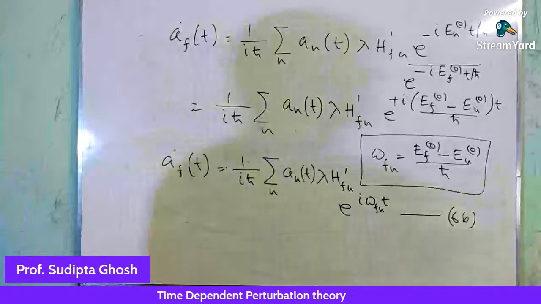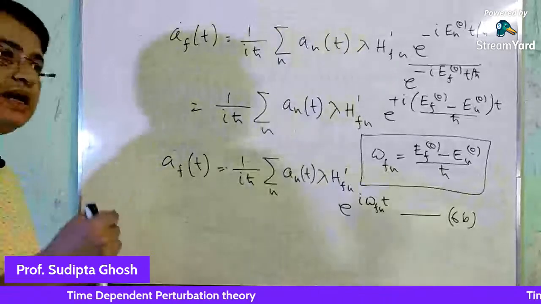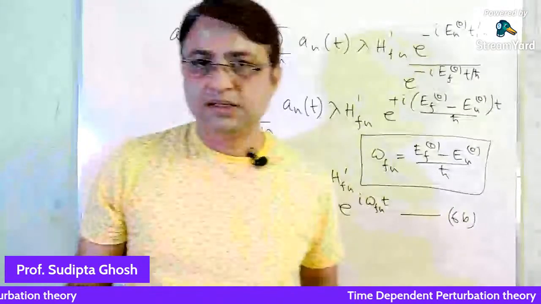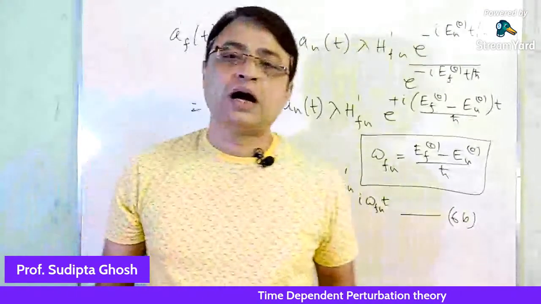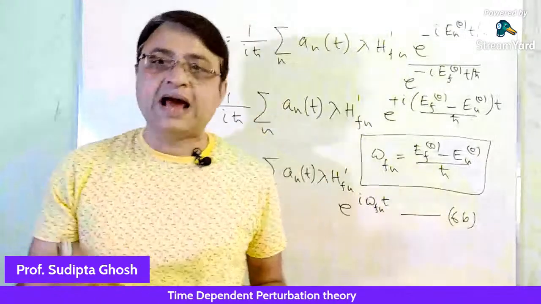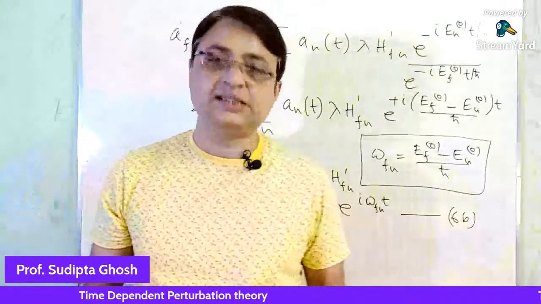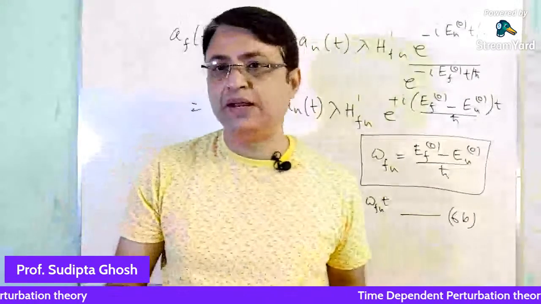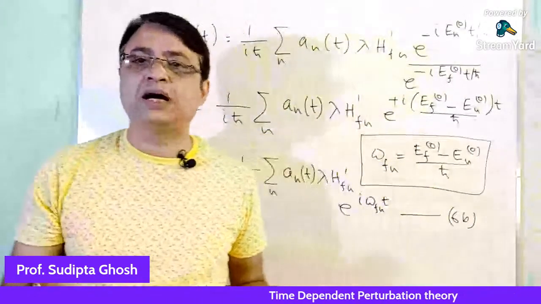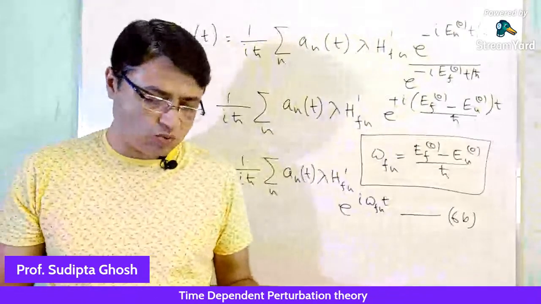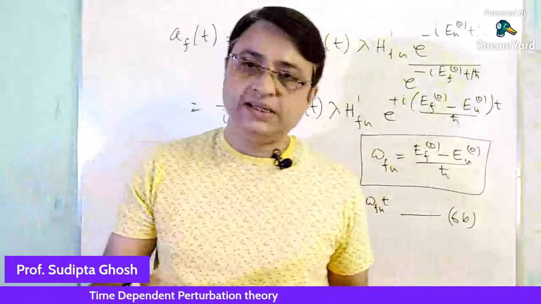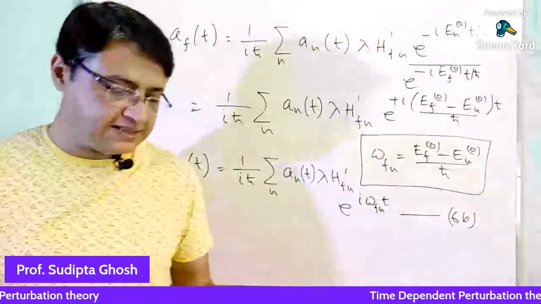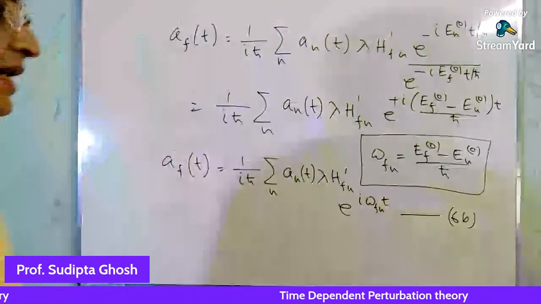Now, at the initial stage of this theorem, I told you that lambda h prime is a very small quantity, because lambda is very much less than 1. So it is reasonable to express a f t as a power series in lambda.